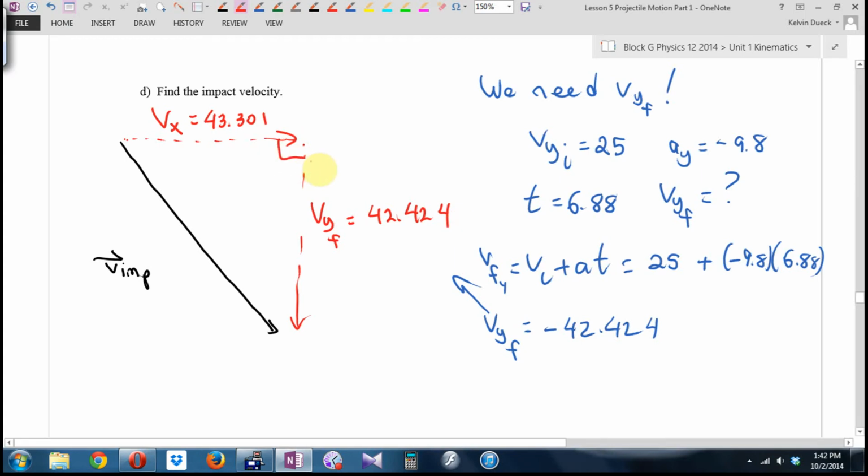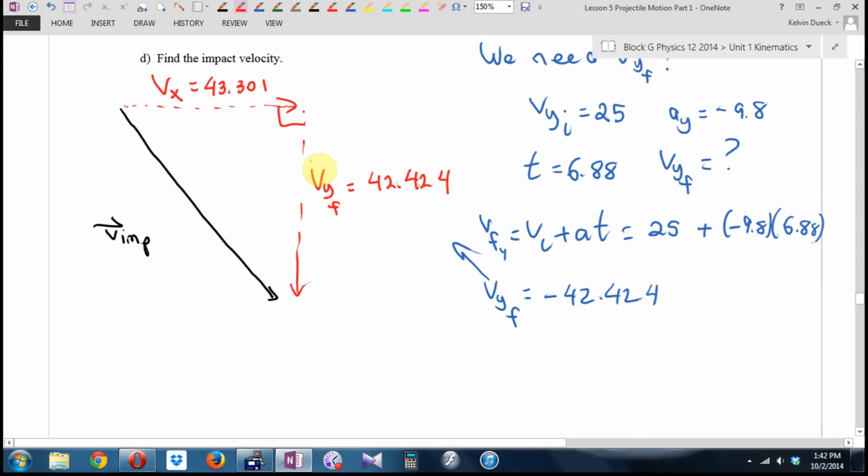It's a right angle. Hey, folks, how can I find the magnitude of V impact? Pythagoras, Math 8, right? And then I can also find the angle.